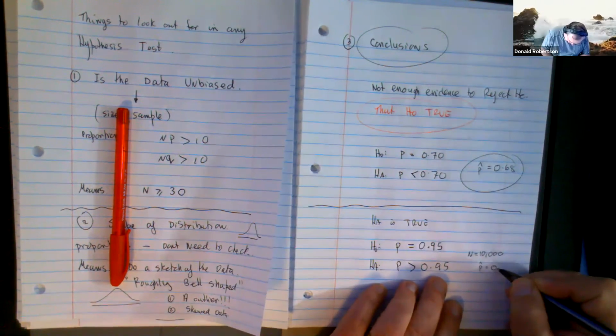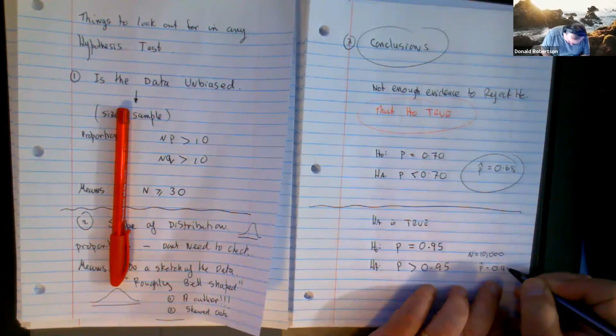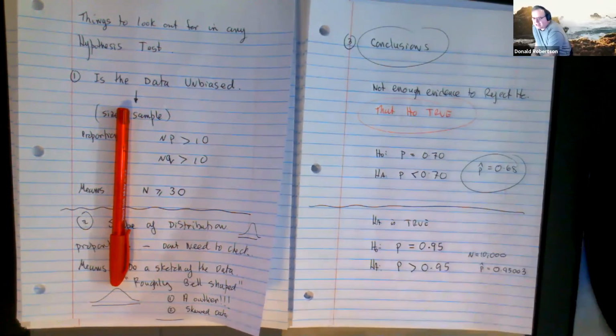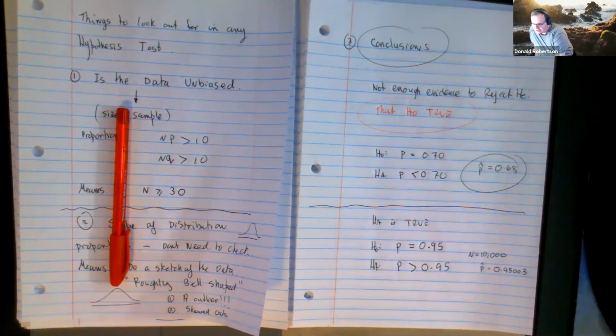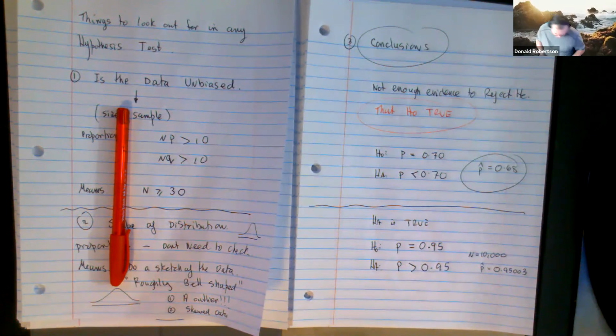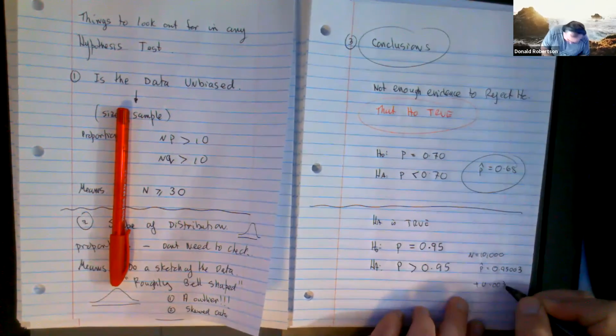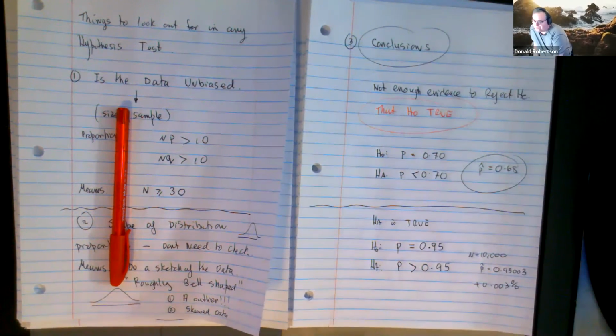was bigger than 95. And I'm being silly here. It was 95.003%. In other words, it's better by that amount. So when you reach a conclusion, there are two kinds of conclusions.